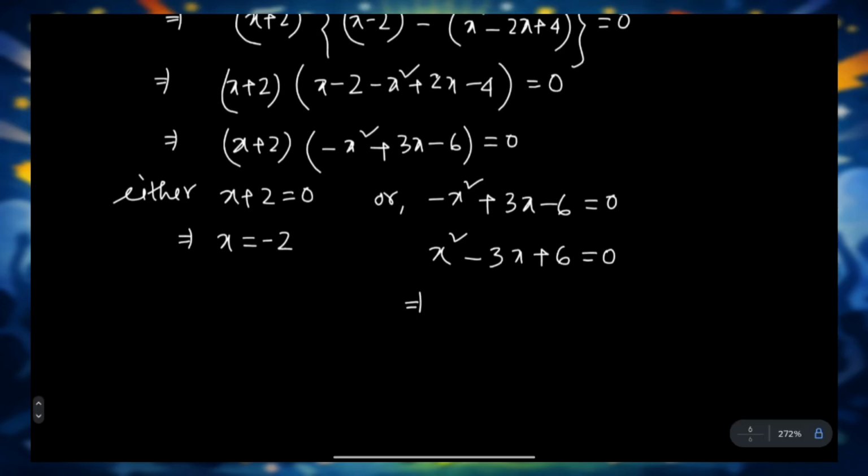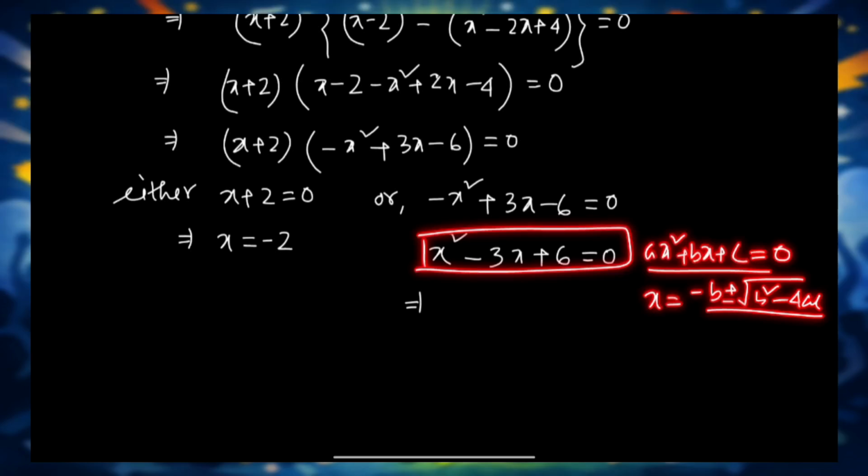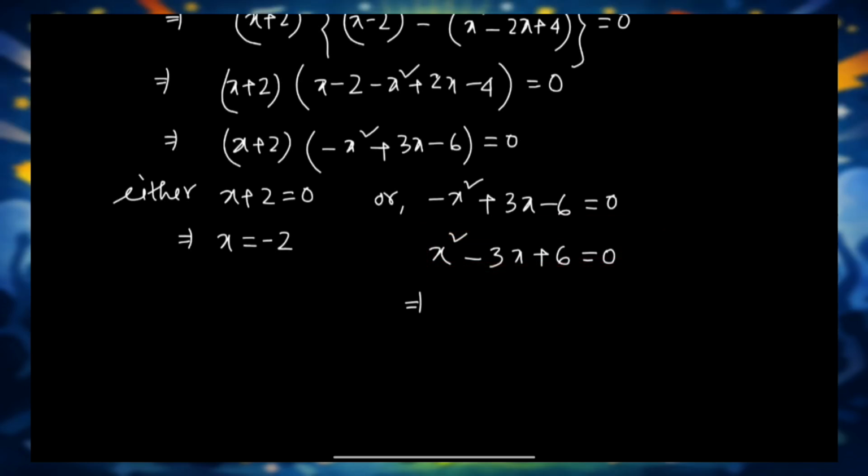So this will be a quadratic equation in one variable. So applying Sridhar Acharya formula, we can compare this with the form ax square plus bx plus c equals to 0, and thereafter x will be minus b plus minus root over of b square minus 4ac by 2a. Clear?